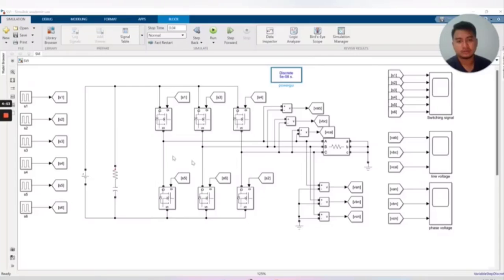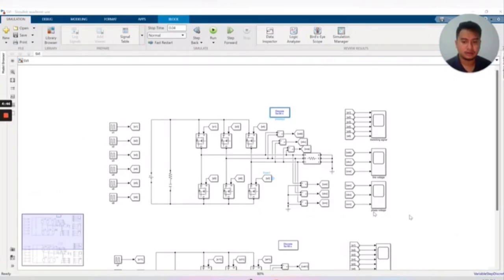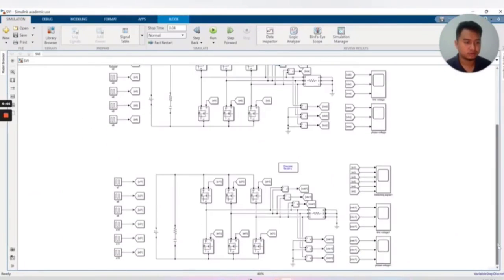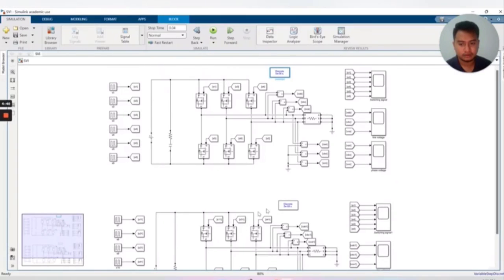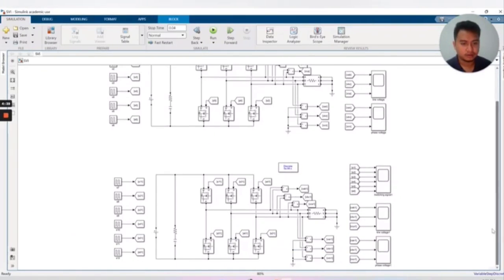120°. After that, I copy all these components, make 2 copies, and for this circuit, this is for 180°.